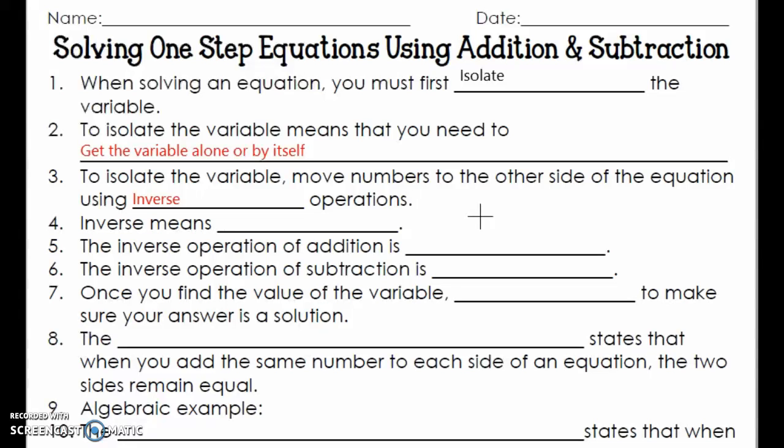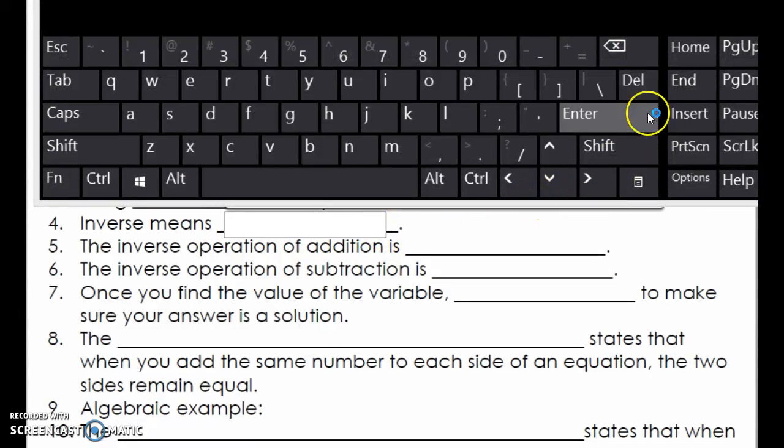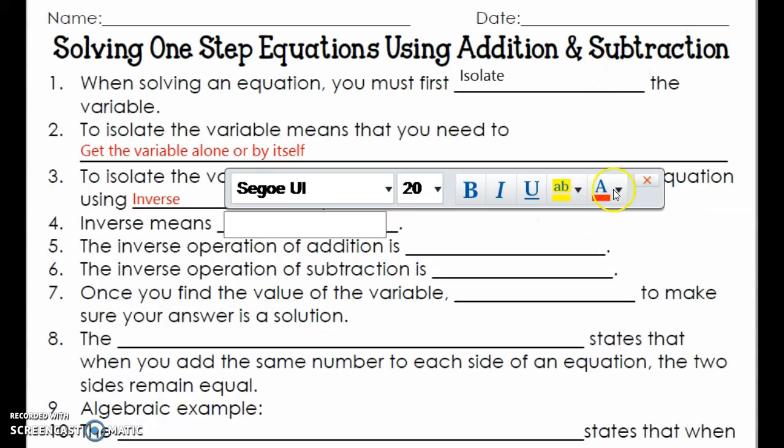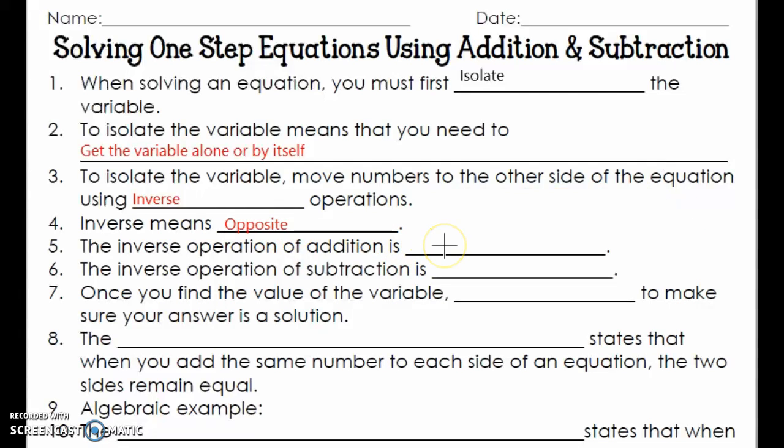So it's whatever you can add or subtract to something to make it 0. That's what we're looking for when we say inverse. You must get it to 0. Inverse means opposite.